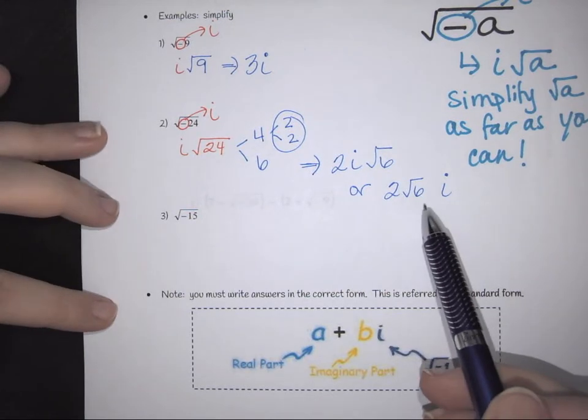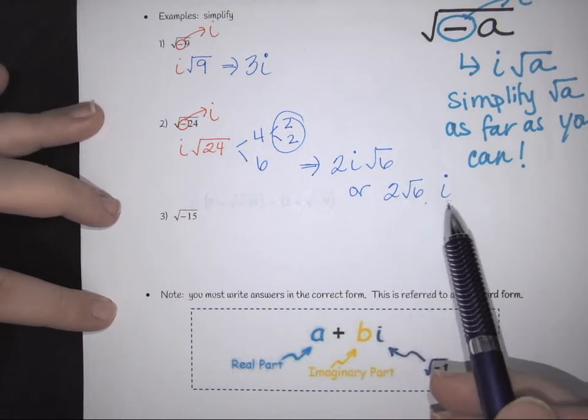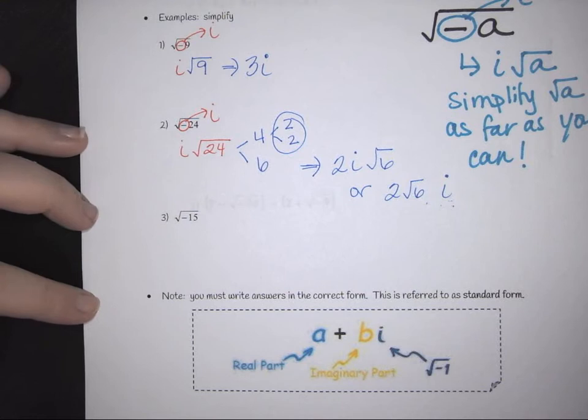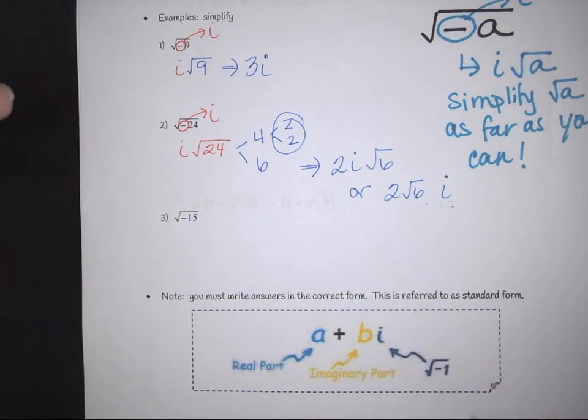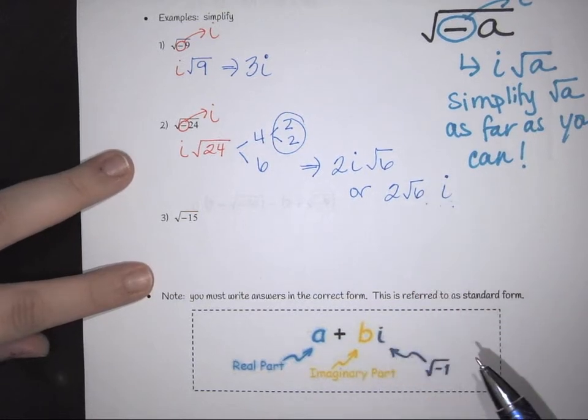However, just make sure when you write it this way, which is the proper form, that your i is outside of your radical. So when you're typing your answers in and you're under the radical, do make sure that you move out of it so that this i is outside of the radical sign.